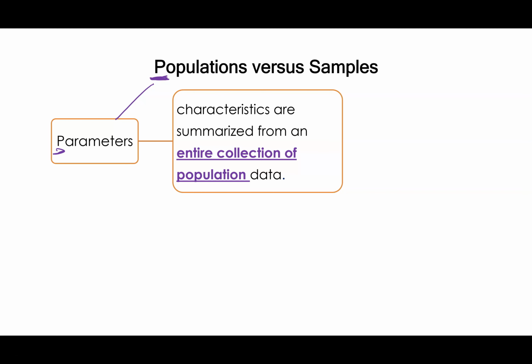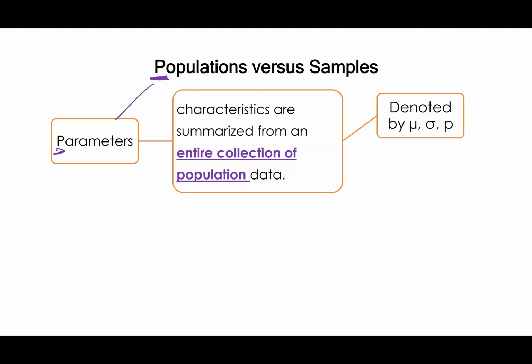This could be all Oregon State students, or all Oregonians, or all U.S. voters, or all adults in the world. I don't know, that's a pretty big population. But it's the entire collection, all of the individuals in the group that you want to make a statement about. It's usually hard to access all of them.